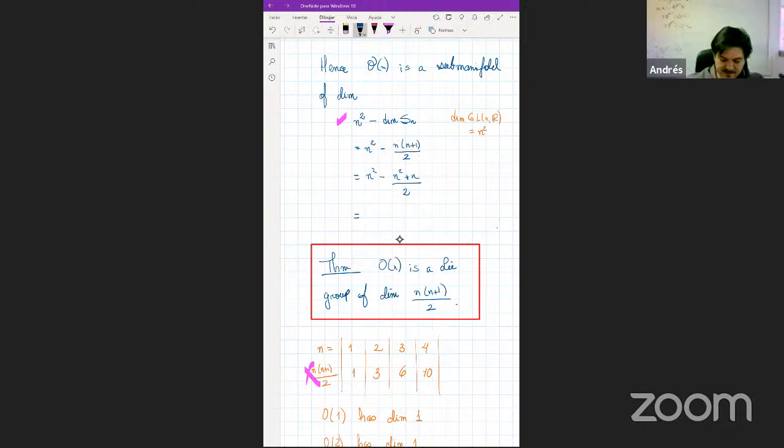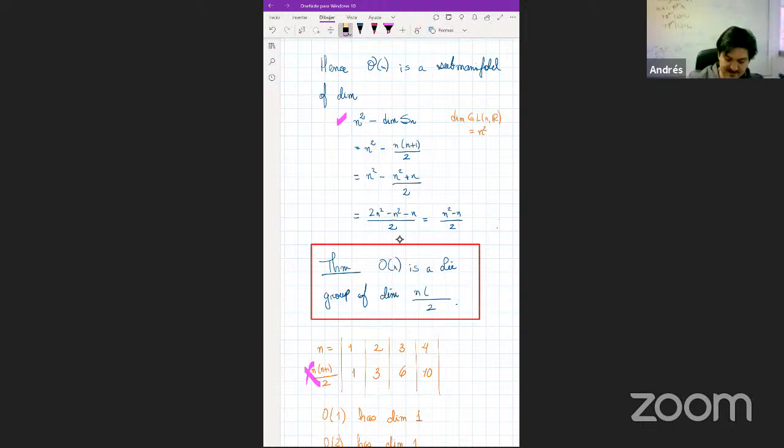So let's see, this is 2 n squared minus n squared minus n. Okay? So we will get n, and that's the mistake.